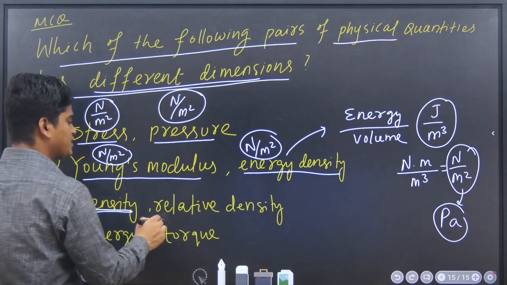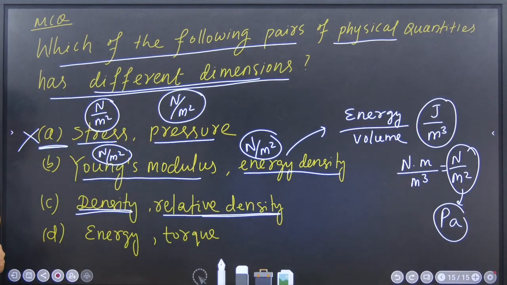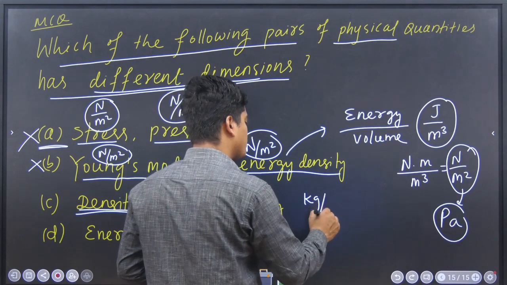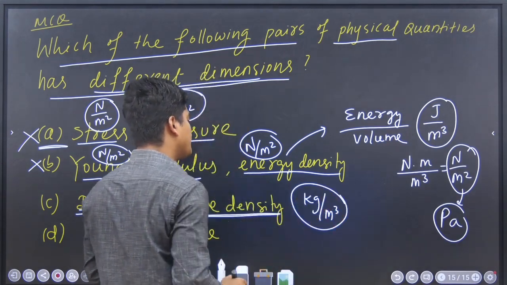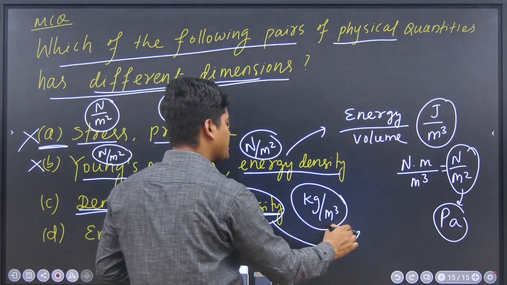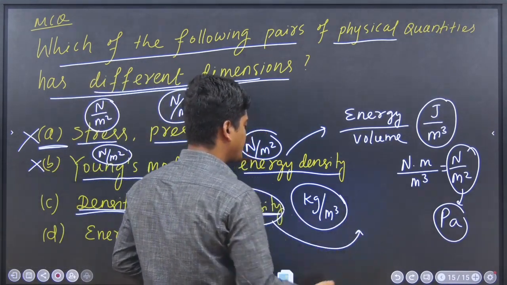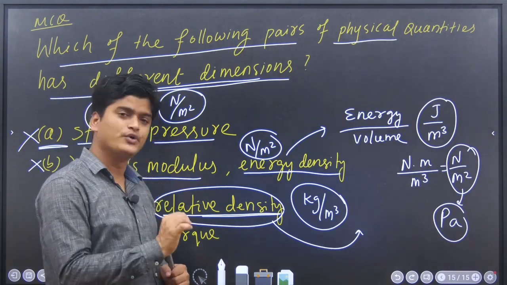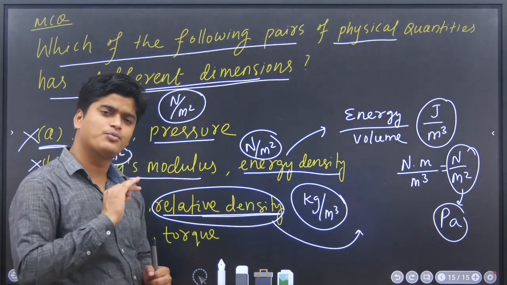Now come to the next, density and relative density. So this one you have to check. Density is kg per meter cubic, mass by volume. But relative density is the density of any liquid or medium divided by the density of water.